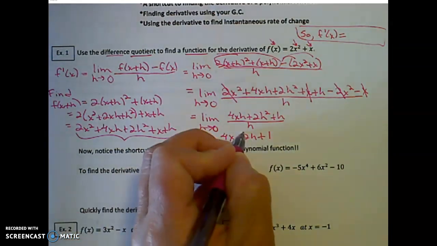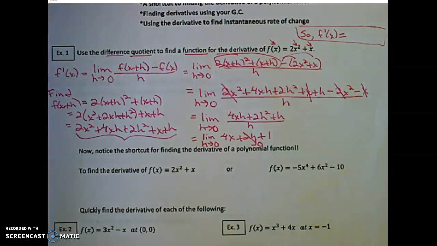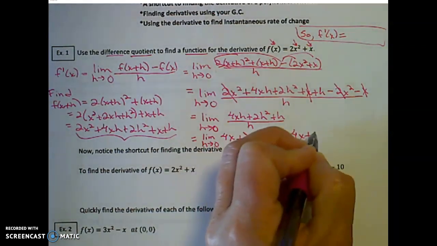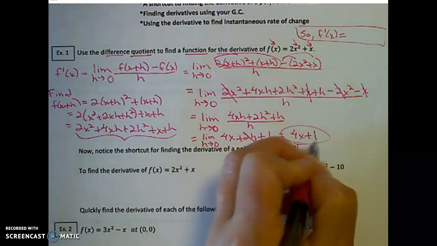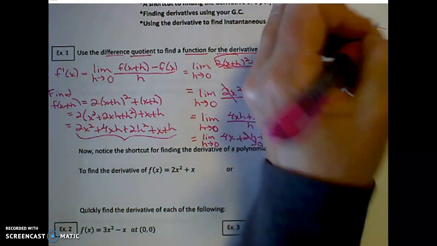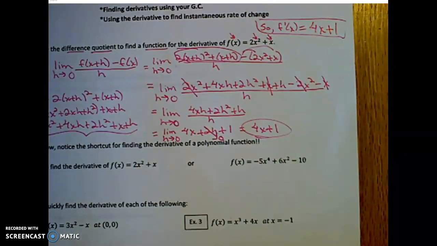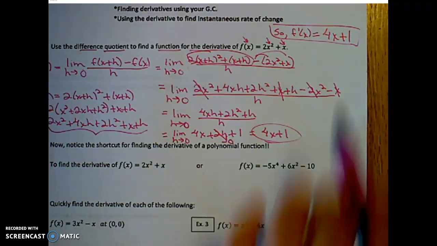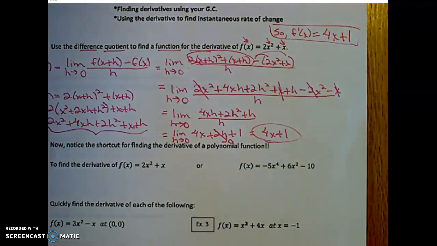As h approaches 0, this term becomes 0, it's gone, and I am left with 4x plus 1. Voila! And I just got a formula to find the derivative of this function for any x value. Alrighty, so that's finding a function for the derivative using the difference quotient.